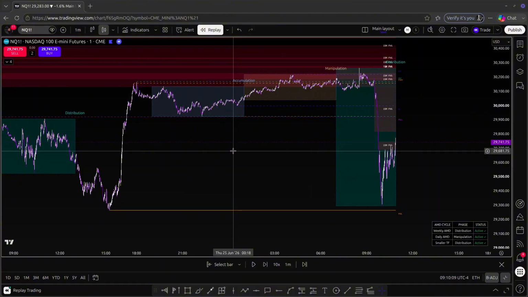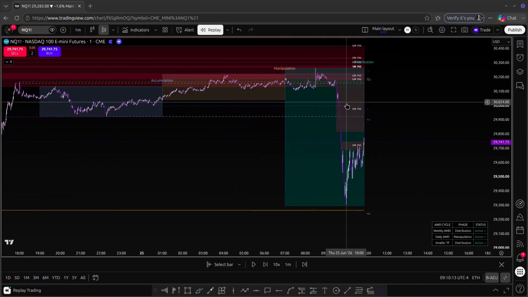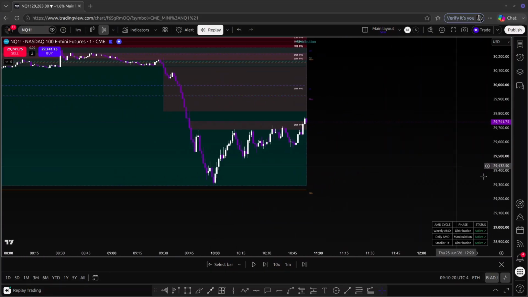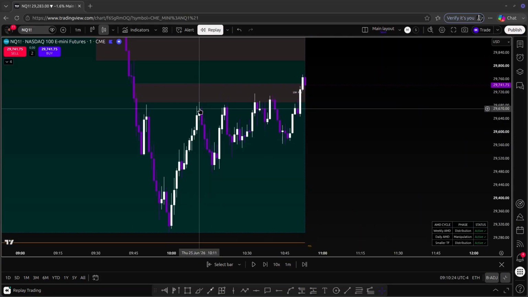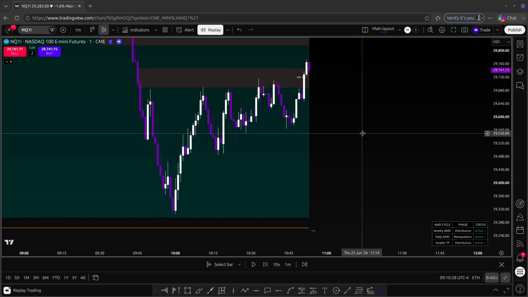However, I didn't think that we were going to sell off this massively, okay? So there was not enough context behind shorts for me to actually just ride the trend, right? So I was expecting a small bullish retracement to then continue going lower towards PDL. However, that did not happen.